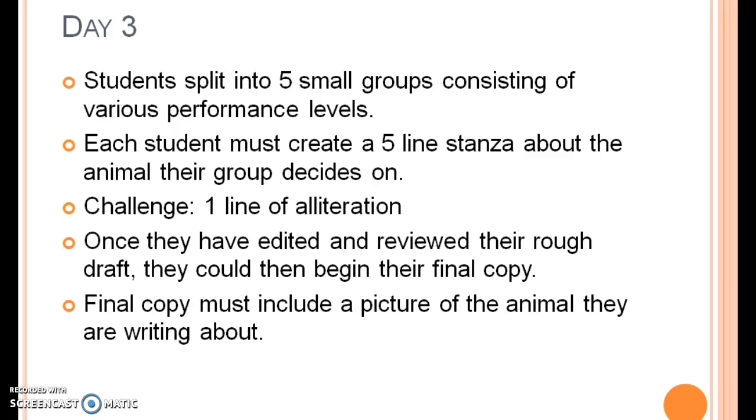Again, this is when the collaboration really took hold. The students worked together to come up with the one animal that their group was going to write about. Some students wanted to write about a different animal than the rest of the students in their group, and so it was up to them to work together to figure out what their final animal was going to be about.